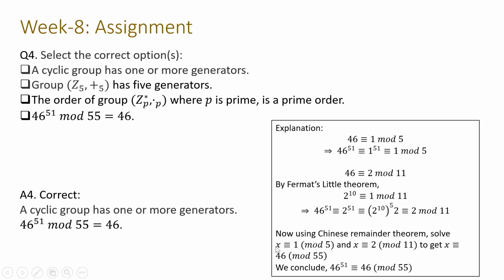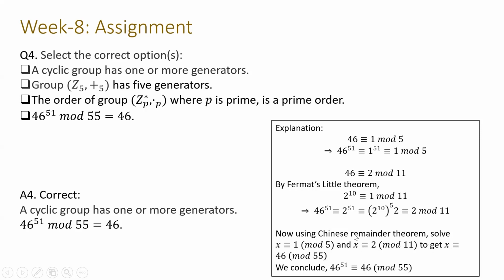So there will be some x which is congruent to 1 modulo 5 and x congruent to 2 modulo 11. Solving these two congruences, we get the solution as x congruent to 46 modulo 55.